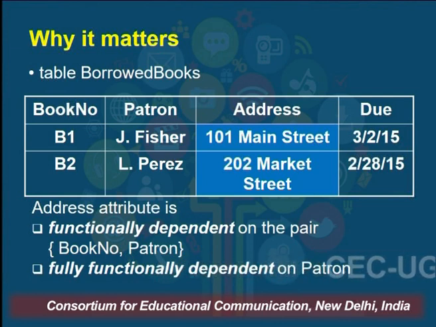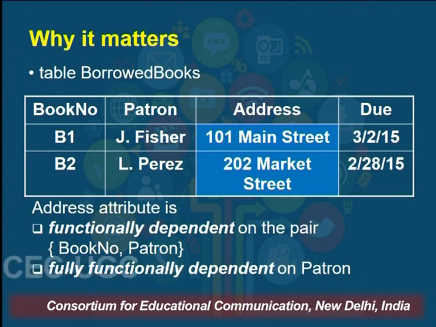So, here we have a table, borrowed books, and let us see what are the actual repercussions. In the borrowed books table, we have books B1, B2, then we have patron, which is the name of the individual, J. Fisher and L. Perez. Then we have the address of that particular patron, 101 Main Street, 202 Market Street, and the due date for that particular book.